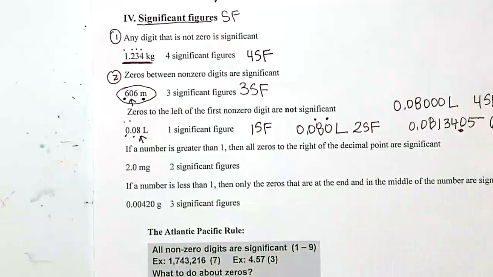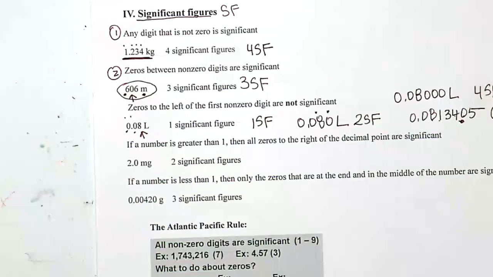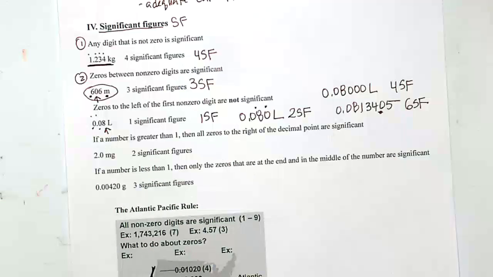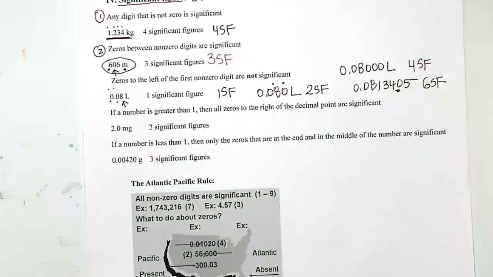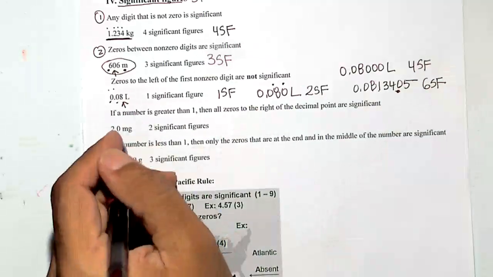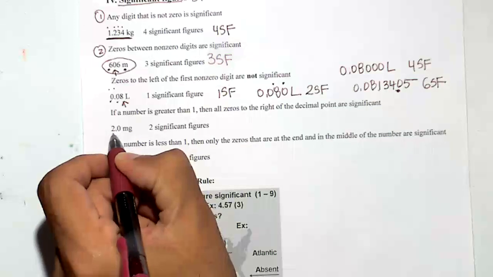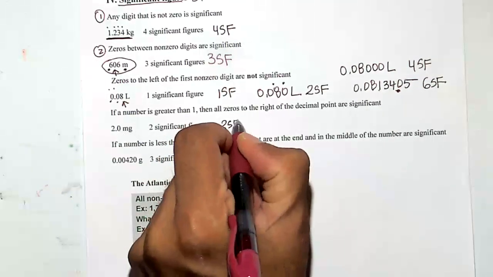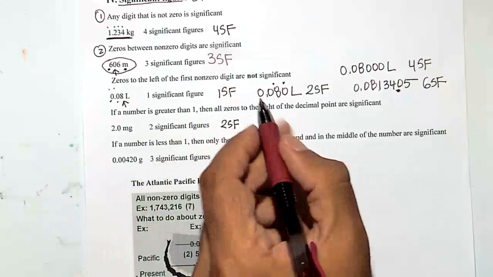You guys see that? 6 significant figures, 6 significant digits. How about this one here? To the right of the decimal, this is real, so this would be 2 sig figs.